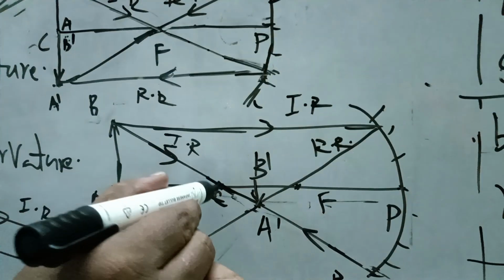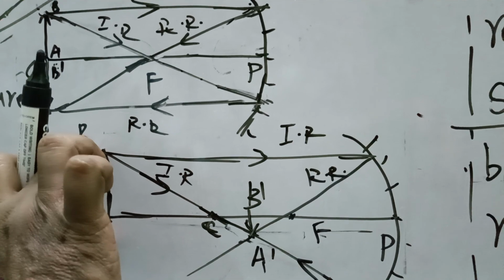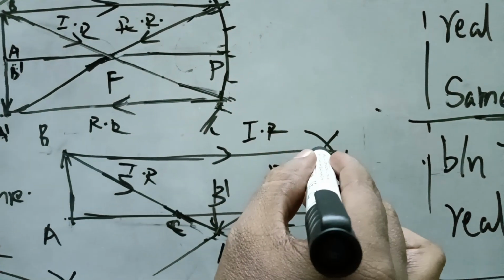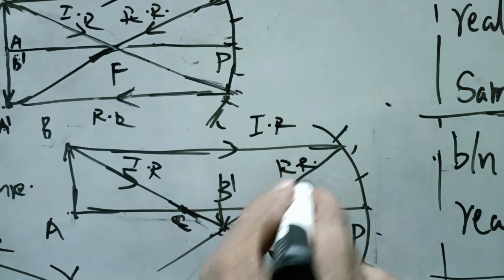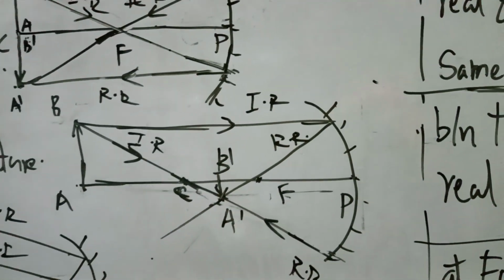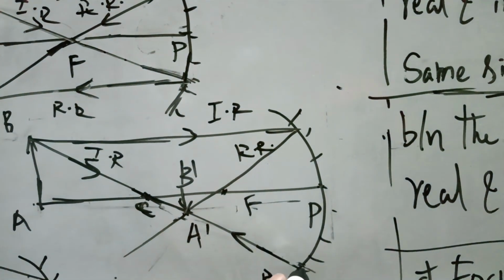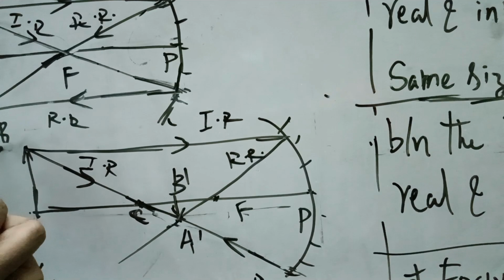Next, the fifth one is beyond the center of curvature. When the object is placed beyond the center of curvature, this is the incident ray, and its reflected ray passes through the focus. Another incident ray passes through the center of curvature and reflects back through the center of curvature.